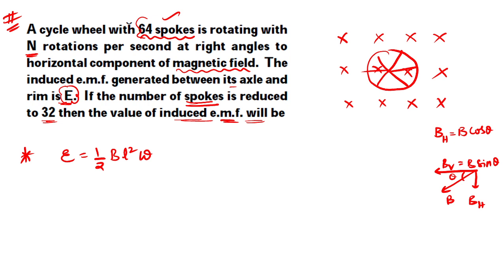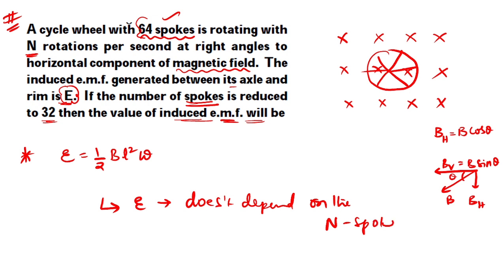The EMF does not depend on the number of spokes. It does not depend. So how much EMF will you generate here? Same. So the same E will be there.